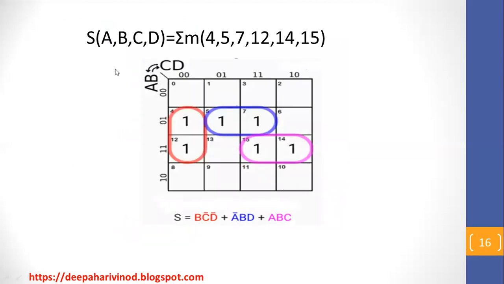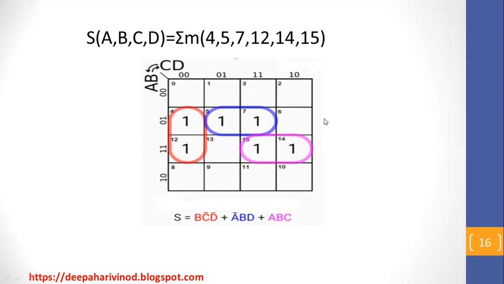Now one more example. I just want to show you the grouping. So this can be grouped. Here we cannot group 4 ones together. This is left vacant. Is there any other method to group? Yes, you can even group these 2 ones together, these 2 ones together, and these 2 ones together.